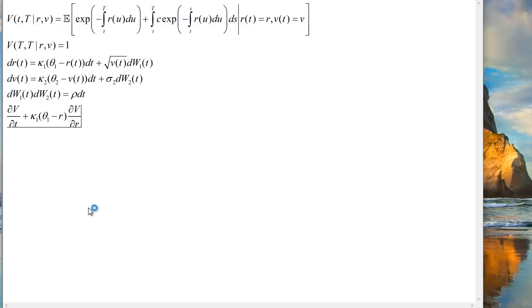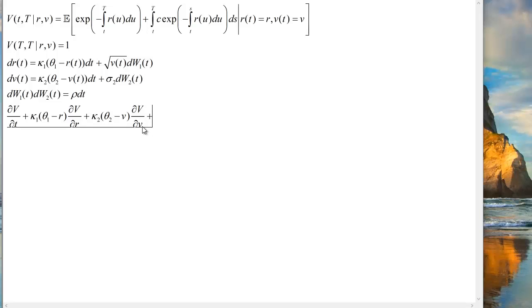This comes from the Feynman-Kac theorem. Times, and now we take the other one, and I just do it using copy paste because it's faster, with respect to V plus.